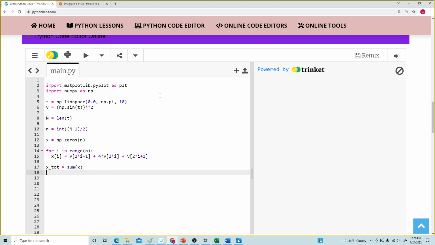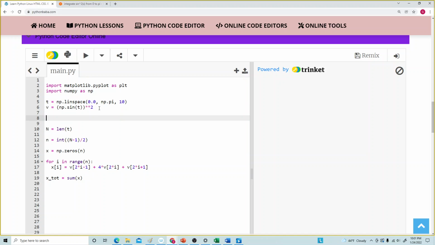And I need to multiply that by delta t divided by 3. So I'm also going to define delta t. Delta t is going to be the time interval between each of my time measurements, so this is going to be t1 minus t0. Each of my time spacings is equal to that since I'm dividing this range from 0 to pi up into 10 equal pieces.